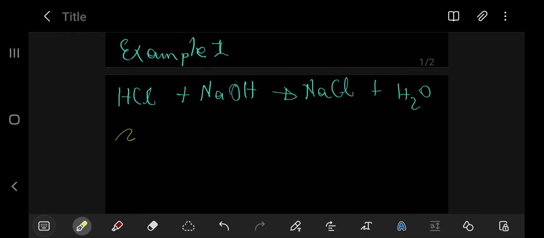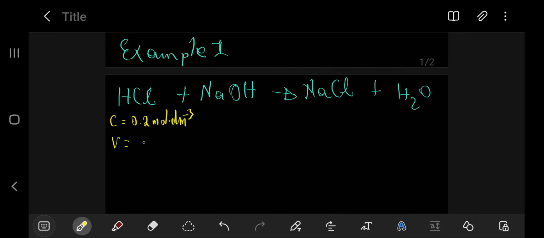Okay, so let's formulate a statement. Let's say hydrochloric acid with concentration 0.2 mole per cubic decimeter. So we have our concentration here, which is 0.2 mole per cubic decimeter of volume 10 cubic decimeter.